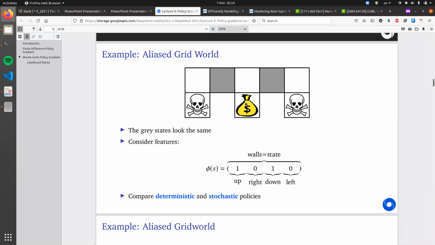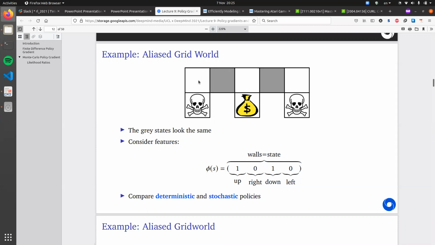The central one is associated with positive reward, and the left and right ones are associated with negative rewards here. And the states are represented by the encoding of the walls that are observed in that particular state.